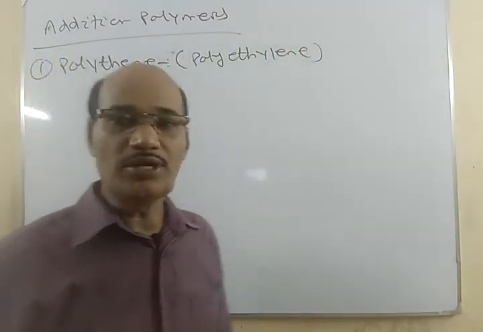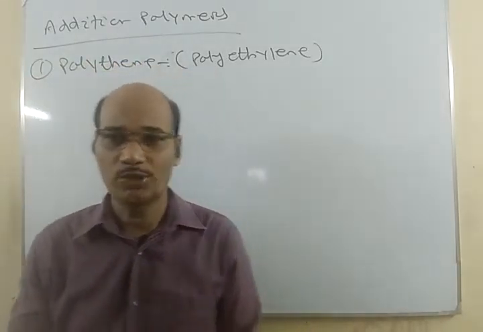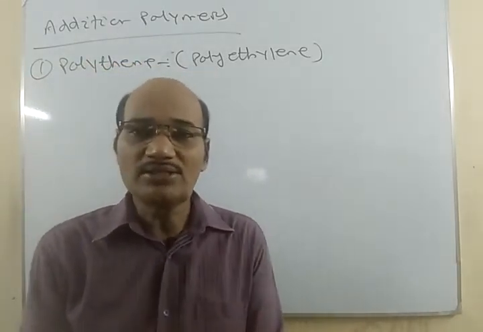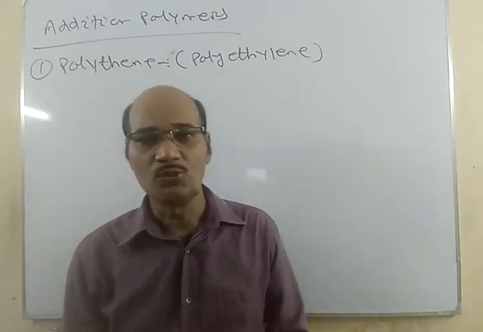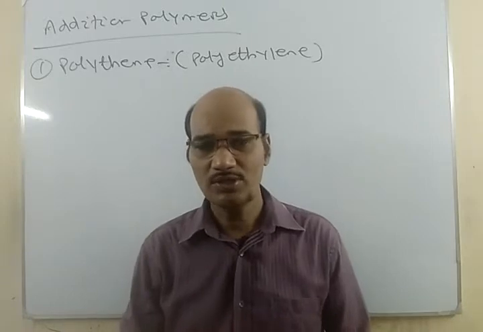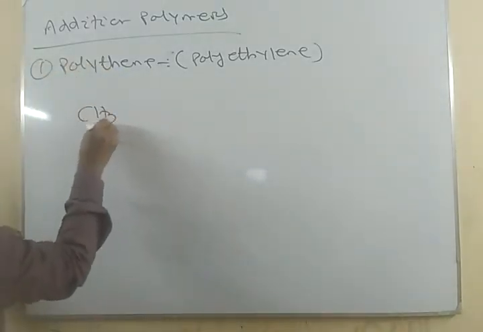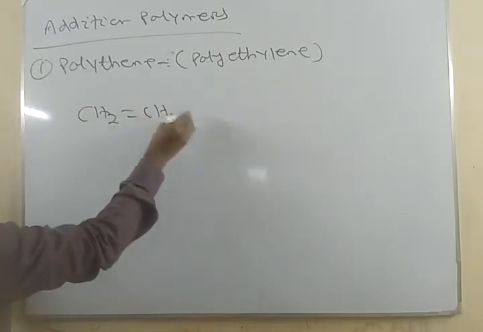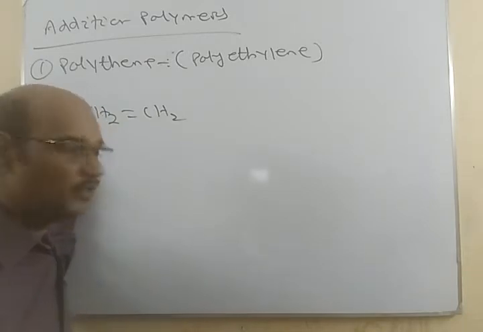Polythene is the polymer of ethene. When a large number of ethene molecules are combined together, we get polythene. The monomer is ethene, CH2=CH2.